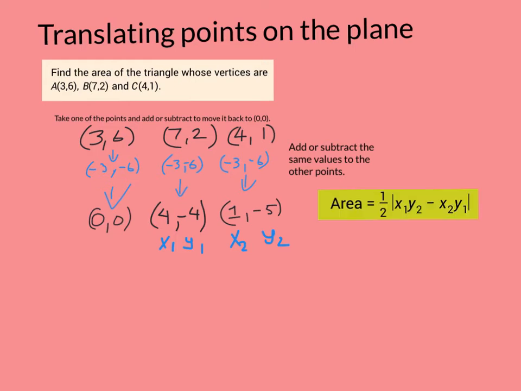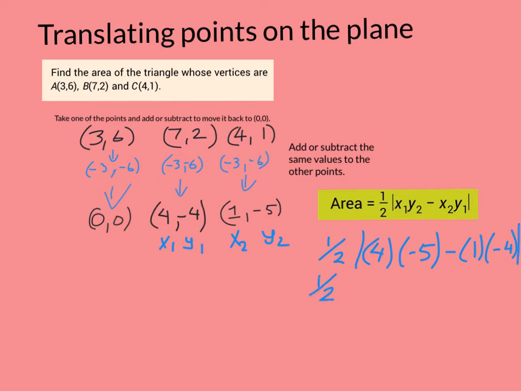formula then. And using that formula I have a half by x1, which is 4, y2, which is -5, minus x2, which is 1, and y1, which is -4, absolute value.